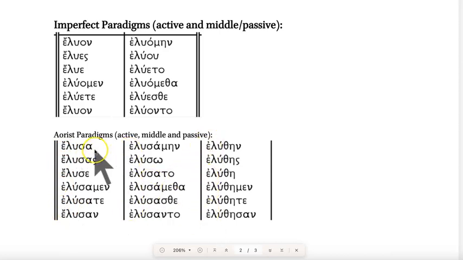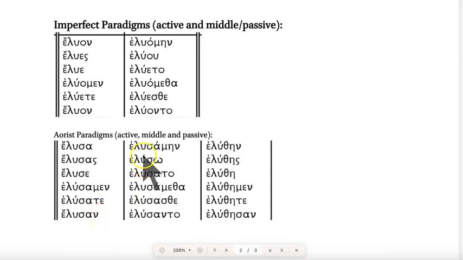And so we've got elusa, elusas, elusen, and normally there will be a movable nu there. Elusamen, elusate, elusan. And so our endings would be sa, sas, se or sen, samen, sate, san. The meaning of that would be I loosed, you loosed, he, she, it loosed, we loosed, all y'all loosed, they loosed.